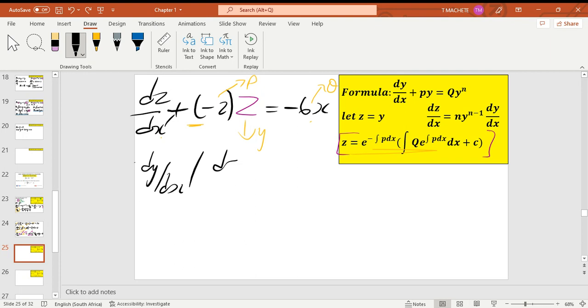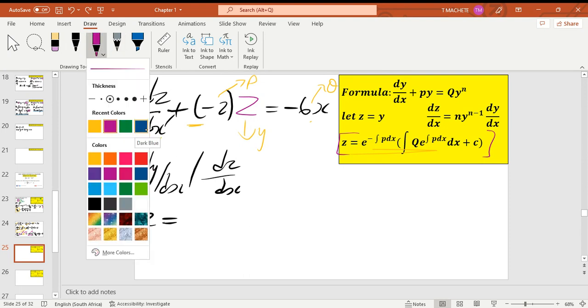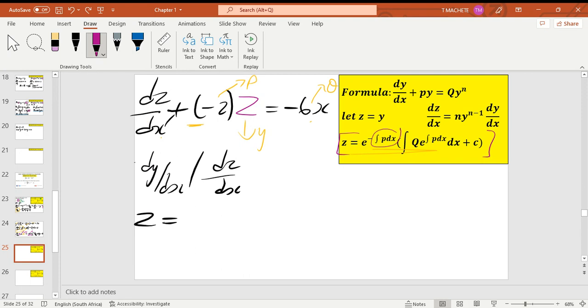Rather, we have dz over dx. So from our equation, we're going to write z equals, the equation tells you that you need to find integral of p dx first.